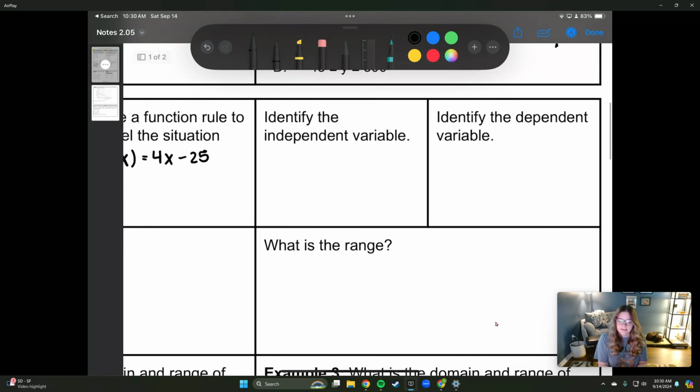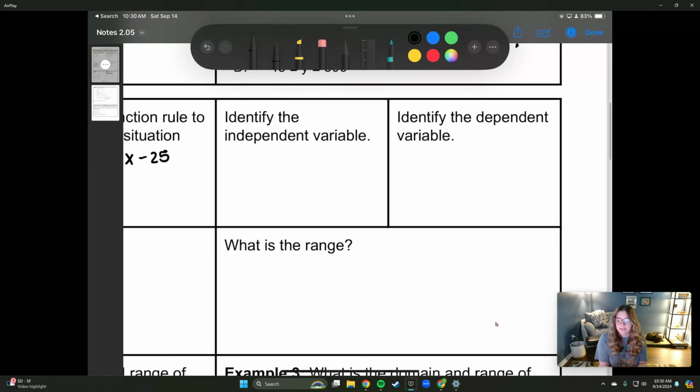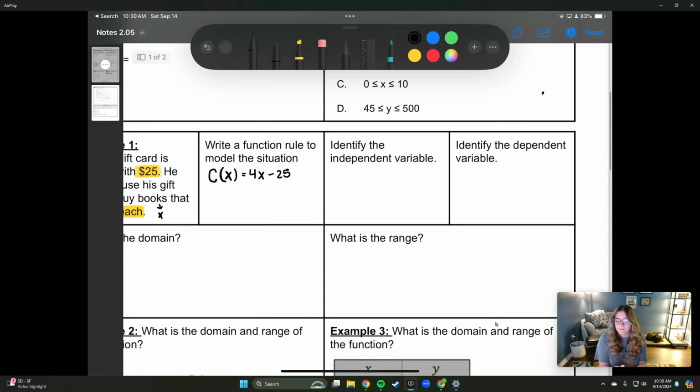Now it says identify the independent and the dependent variable. So think about it. What would be the independent variable? What is the thing that's going to be changing that's not dependent on another thing happening? The number of books.